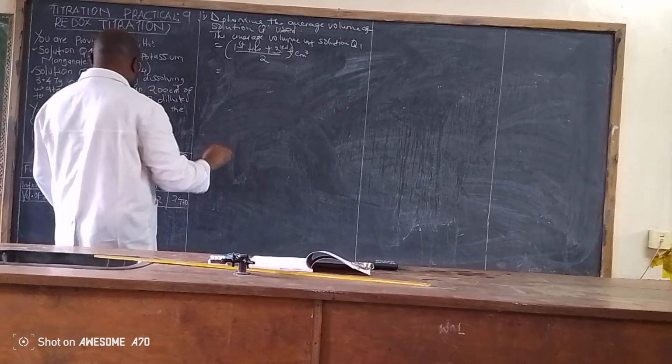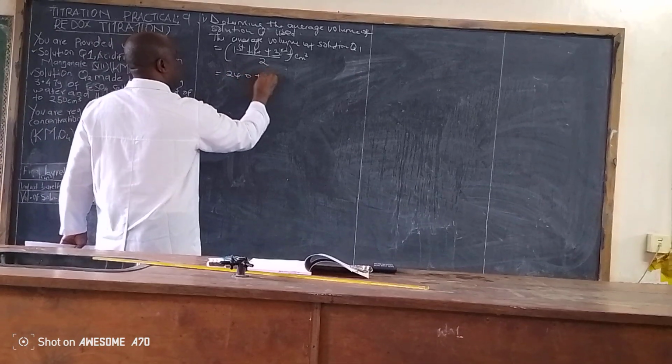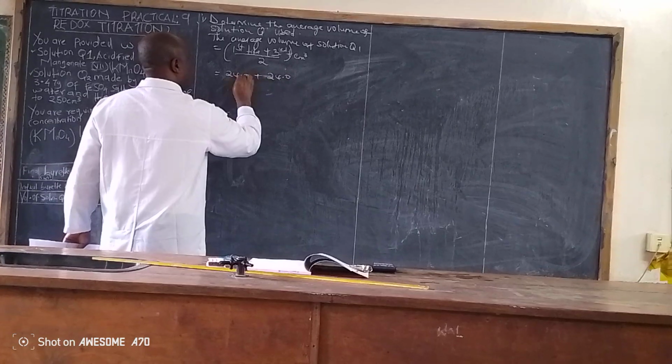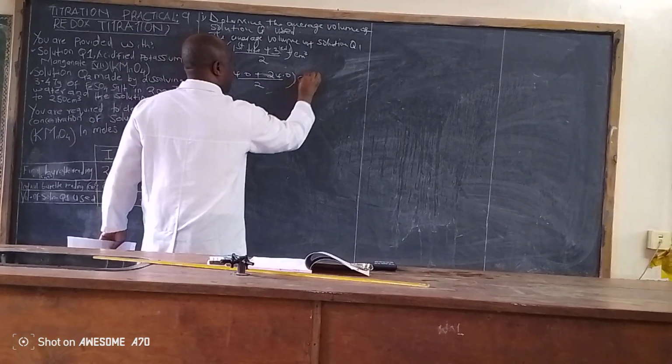So we are going to take this 24.0 plus 24.0, we divide by 2. All these are in cubic centimeters.